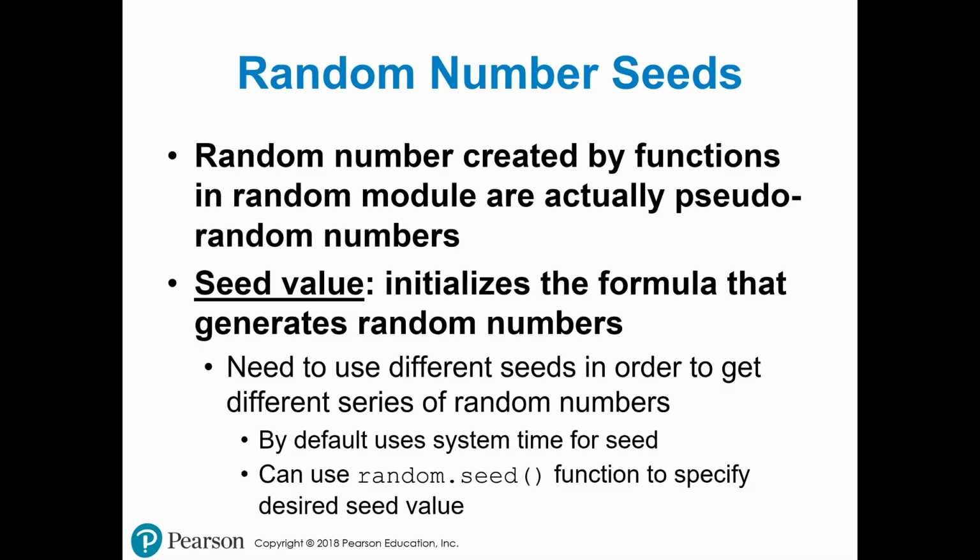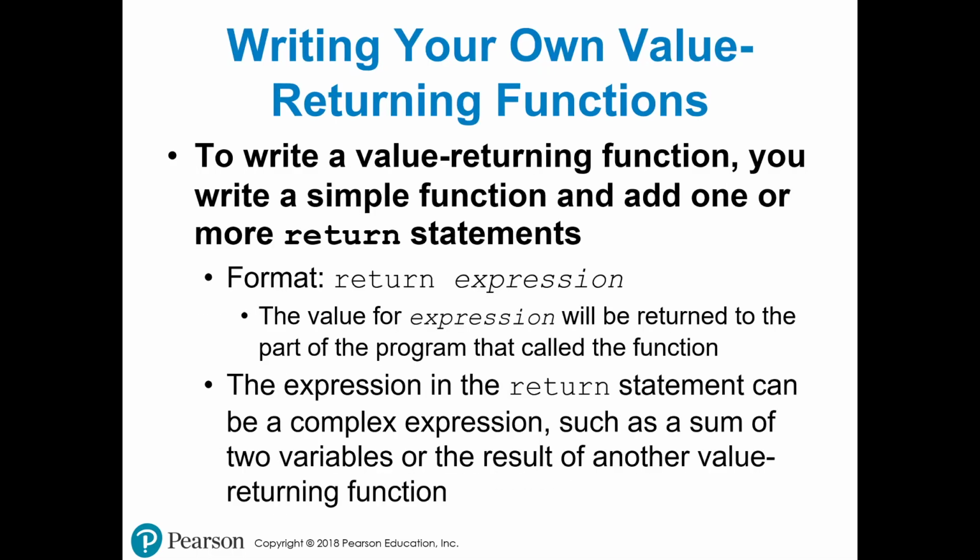If you're looking at some sort of numerical formula and you want to be able to reproduce the values, then you want to specify the seed, because otherwise you can't reproduce them. But by default, if you don't use the seed function, it'll use the system time and seed it for you. So we don't have to worry about this too much. Most of the time, we're not going to specify a seed, but if you want to, you can.